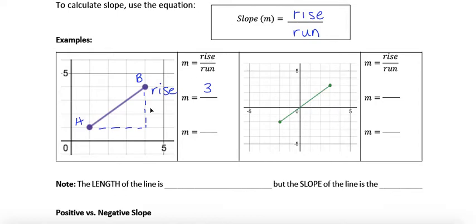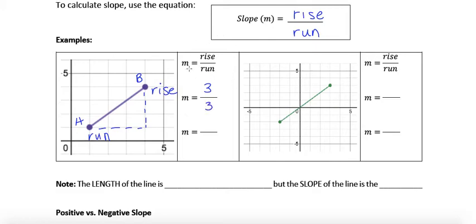Now I need to look at the run, which is the horizontal distance between 2 points. Looking at the horizontal distance between these 2 points from left to right, I'm going 1, 2, 3 units across as well.